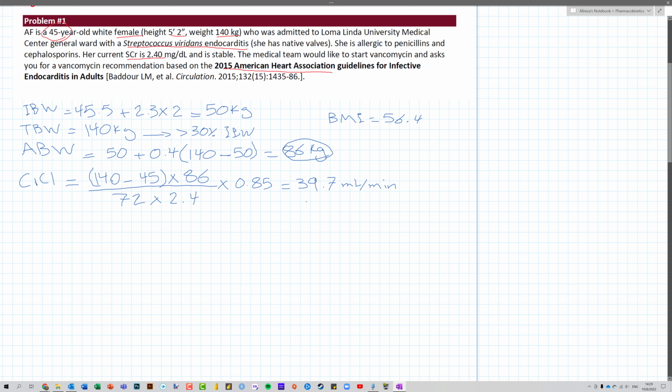And you can actually round this to 40 mL per minute.